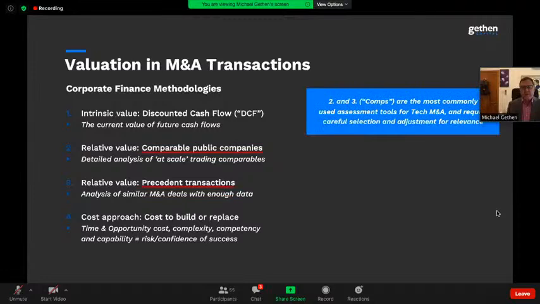The summary here is that the comps, as we call them, are the most commonly used assessment tools for tech M&A, but there is both art and science in carefully selecting the relevant comps.